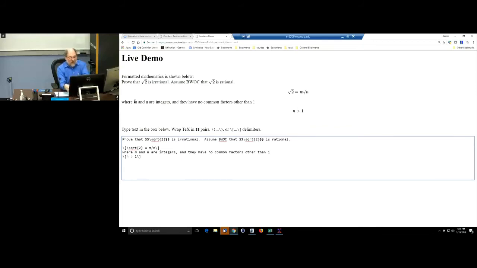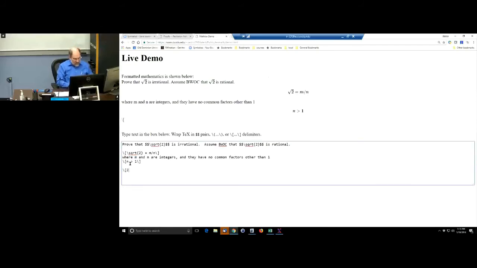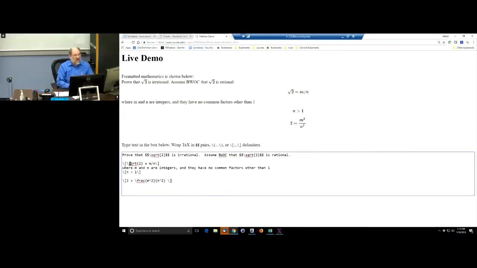All right, so now how do we turn this into a contradiction? Well, if the square root of 2 equals m over n, I can square both sides and say that 2 equals m squared over n squared.